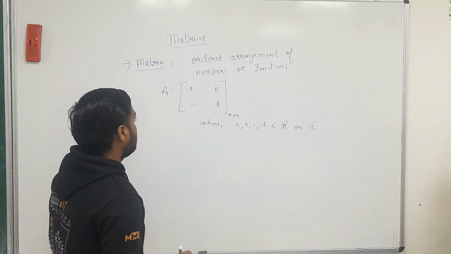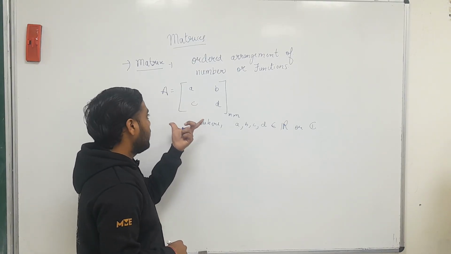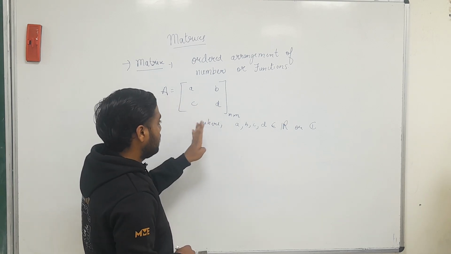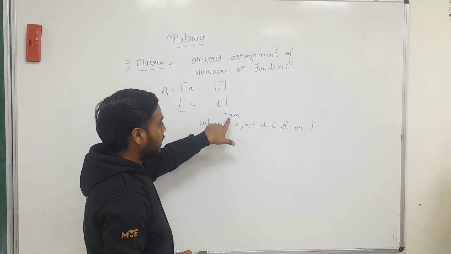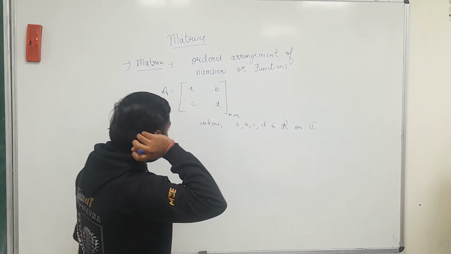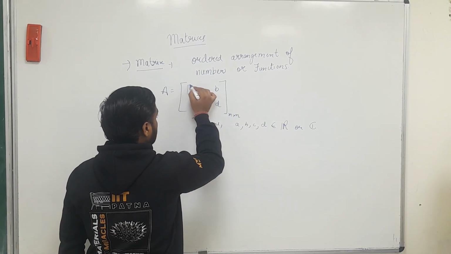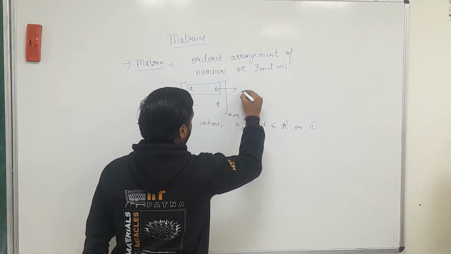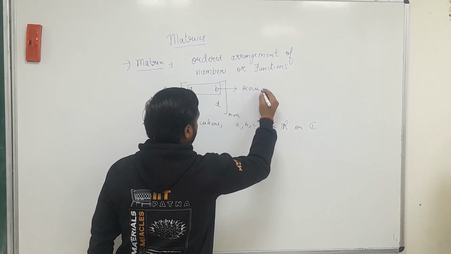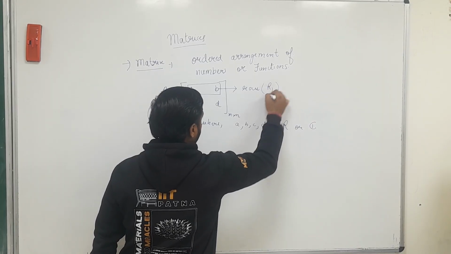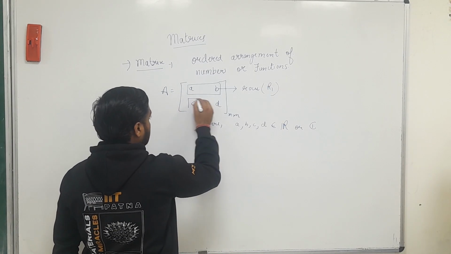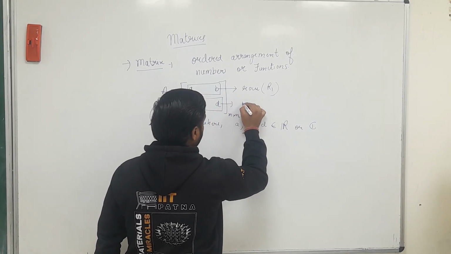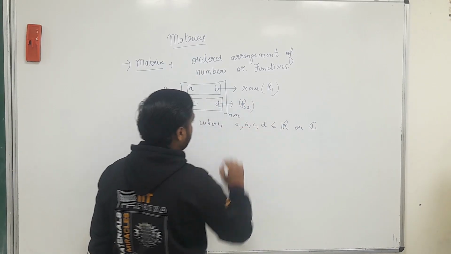Okay, so the matrix will look like this form. This is an arrangement of numbers and whose order is m cross n. Okay, where these boxes are said to be rows. Actually, row 1 we say, and this is row 2.